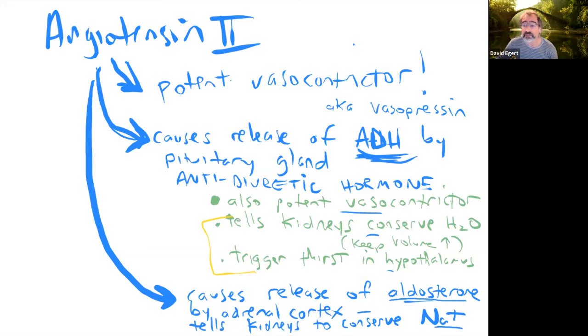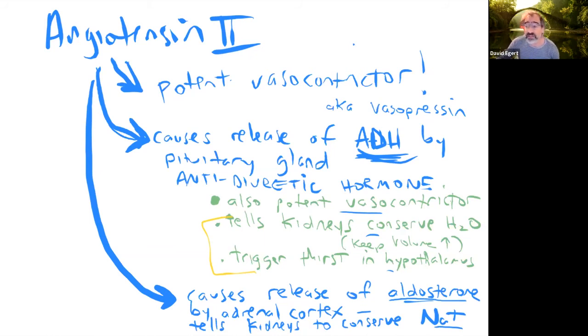So does that make sense? We'll meet aldosterone and ADH again later when we get to the urinary system. But for right now, it's important to understand them because they are playing this important role in this renin-angiotensin mechanism.